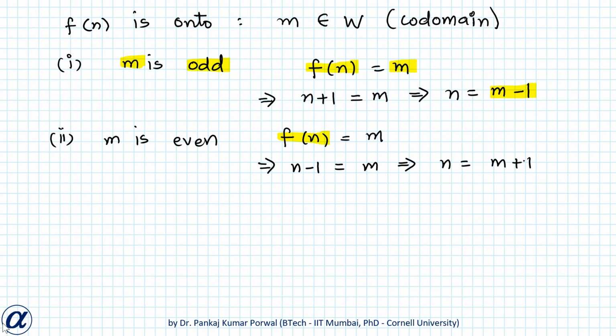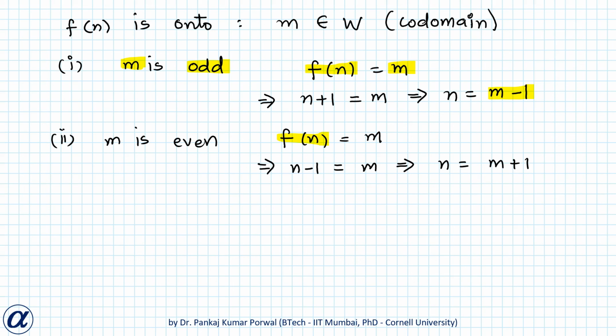And because m is even, the values of m will be 0, 2, 4, 6 and so on, and values of m plus 1 will be 1, 3, 5, 7 and so on, and all of these belong to our domain, which is the set of whole numbers. So the pre-image of m will be m plus 1 when m is even. So we have found the pre-image of any m in W. That means our function f is onto.